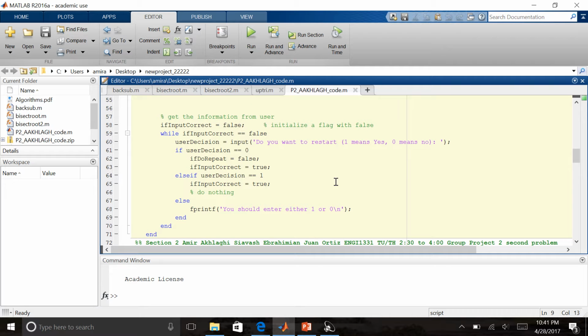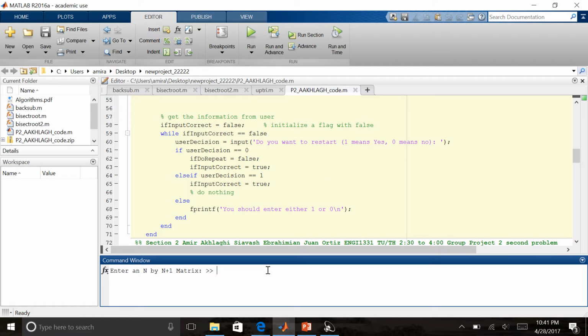So in the end, if you want the program to restart, 1 means yes, 0 means no, and I'll show you right now. If we run this code, it asks us to enter an n by n plus 1 matrix. So let's say we do 1, 4, and let's say we end it there. Again, here uptree is 1, 4, so that's our matrix.